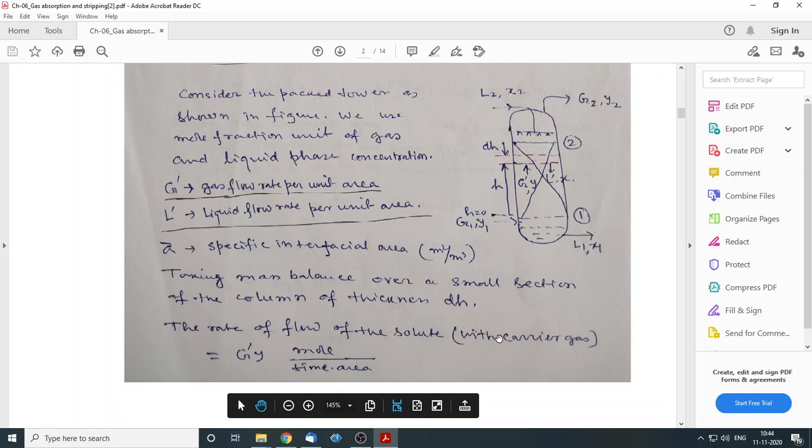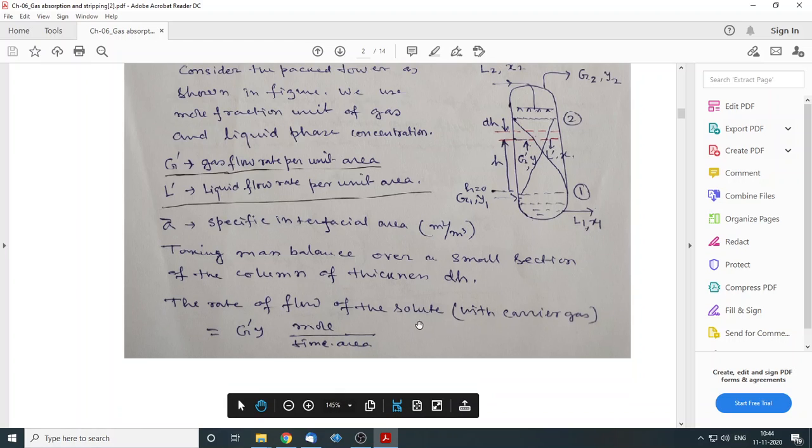The flow rate of solute will change over dH. Here the solute flow rate will be G dash into Y, in moles per time per area.